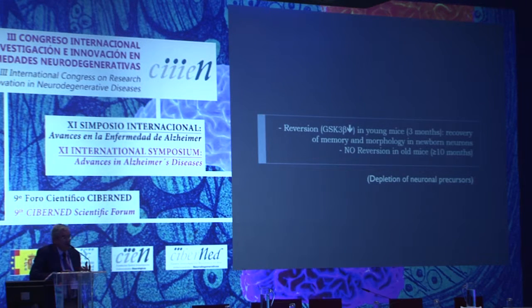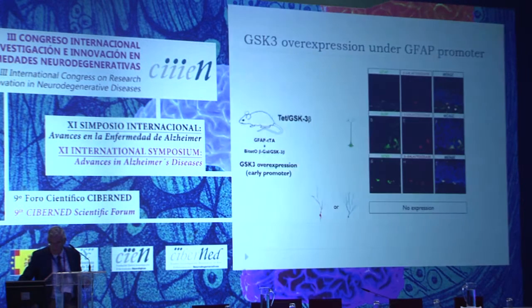The explanation for that is that we have a depletion of new neurons, because we have a depletion of neural precursors, as I told you before, and then we were unable to recover the memory. That's what happens when we use a promoter that is expressed late during neurogenesis.